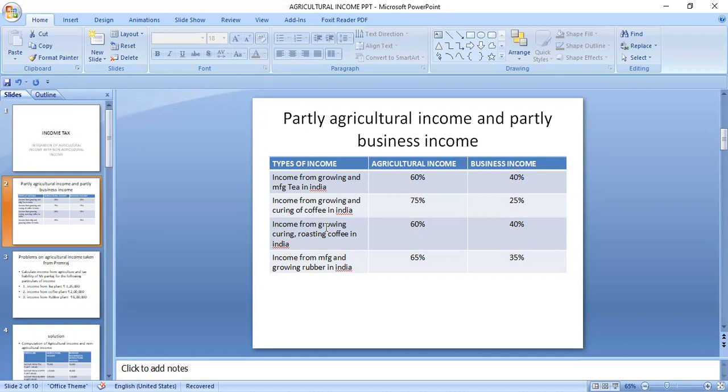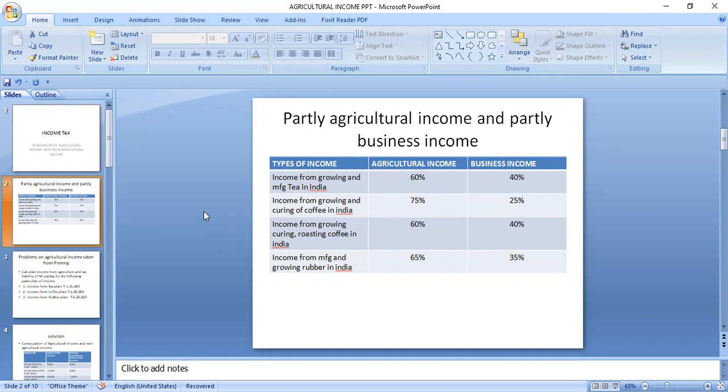But here, again, the second one is income from growing and curing of coffee in India. And the third one is income from growing, curing, and roasting coffee in India. The percentage should be 60 and 40. But in the examination, all these minute details may not be given.